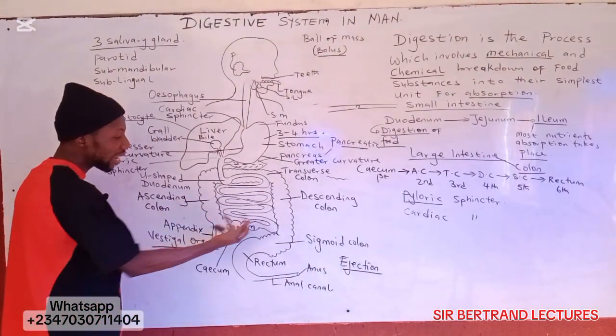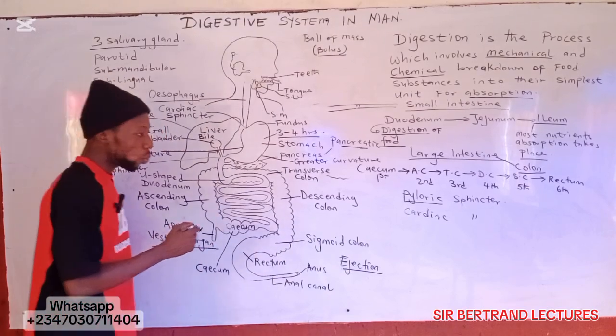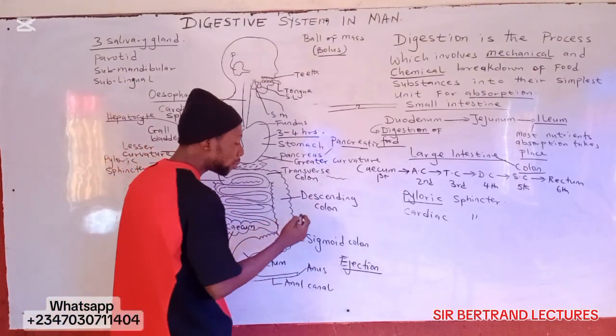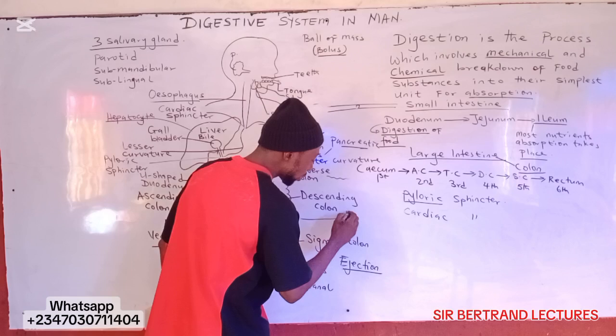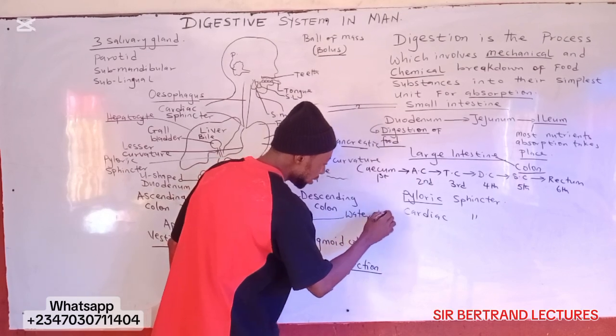Then here in the large intestine, water and electrolytes are absorbed.